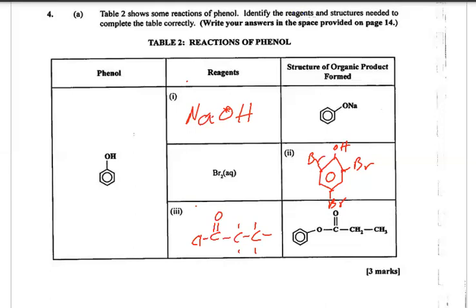That is correct. So just like if it was 2, it would be ethanoyl, 3, it would be propanoyl chloride. So it's just the prefix that is changing.